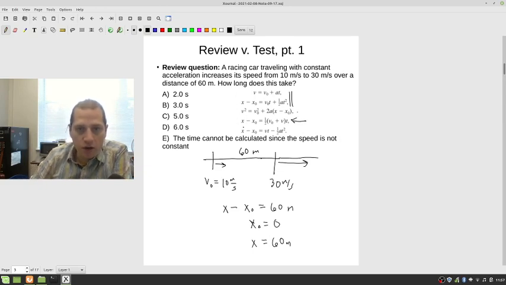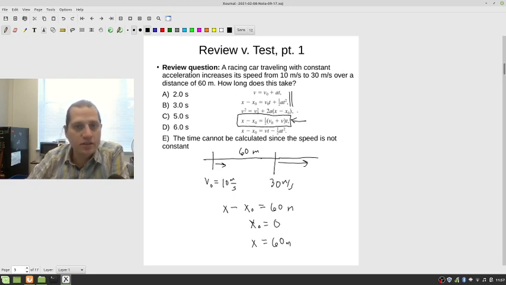It has x minus x naught, v naught, v, and t, and you would use this equation to solve for the time it took. The trick, as always, in this type of problem is listing out what you know and then looking at what you have.